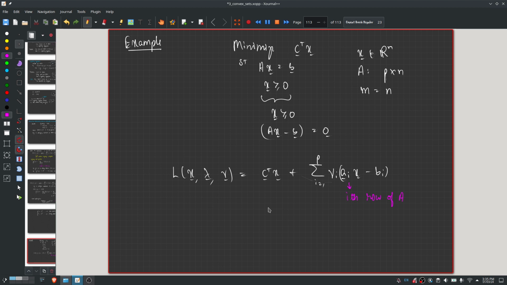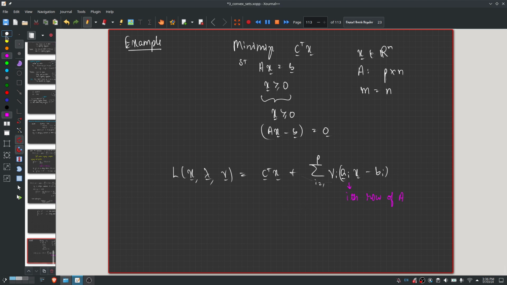It's a component-wise inequality, defined with respect to the non-negative orthant. The cone is a non-negative orthant. So in general, if I just say greater than or equal to, I implicitly mean it's just a component-wise inequality.